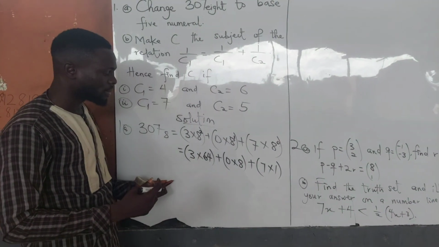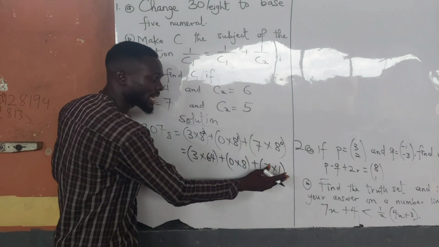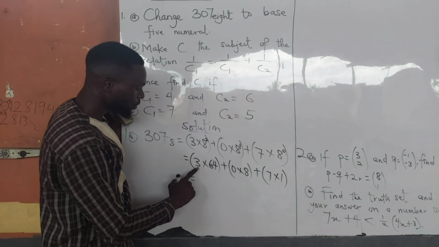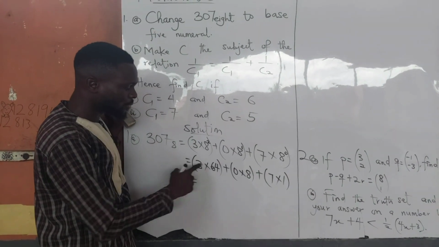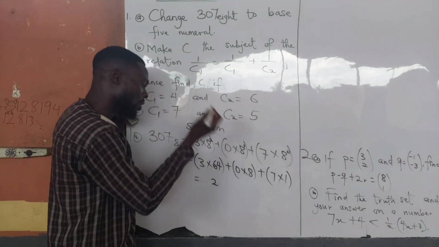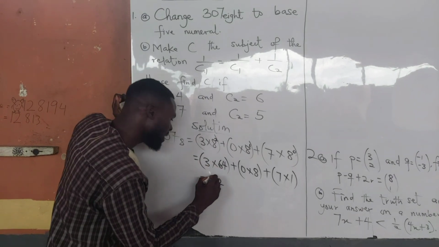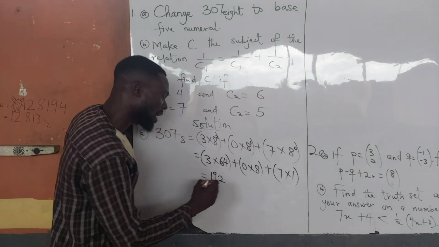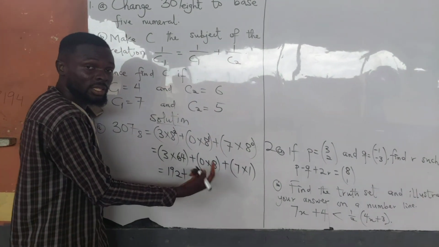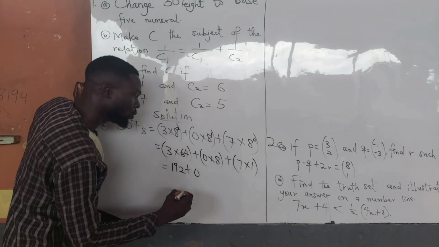How do I multiply? Multiply each bracket, then add your results. This gives me 3 by 64. 3 times 4 is 12, remember 1, 6 times 3 is 18, giving you 192. Plus, any number times 0 is 0, so plus 0.